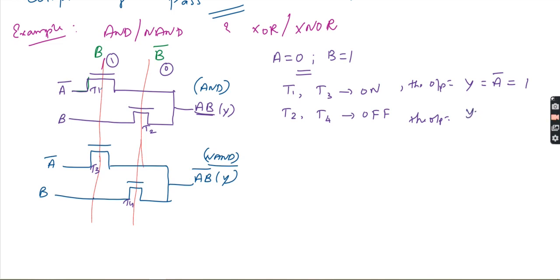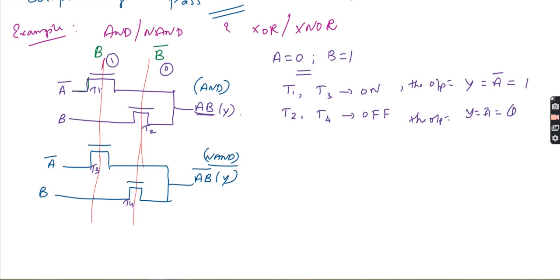It is nothing but A equal to 0 means 1. So I will get 1 in both places. This is the complementary way of getting the output.